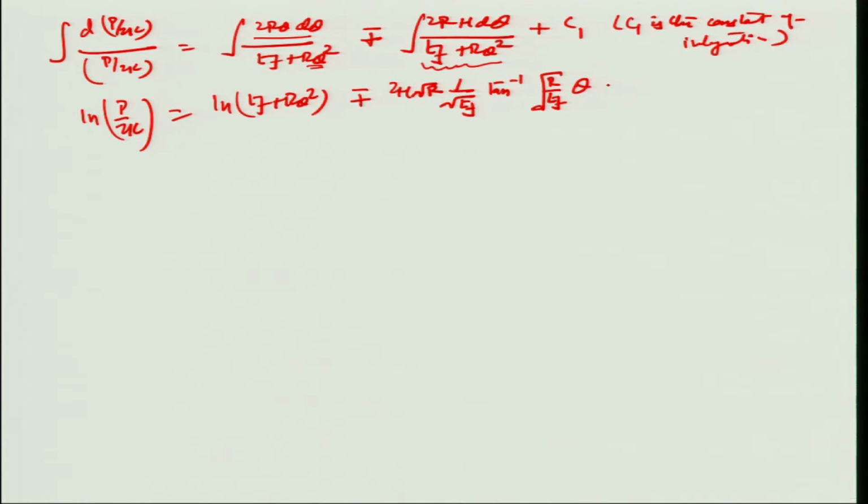theta plus the ln of c by 2r, where c is a modified constant. Okay, so it would come up from just dividing this r mu.